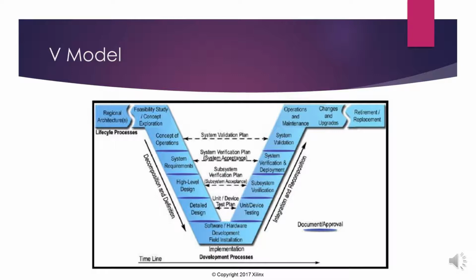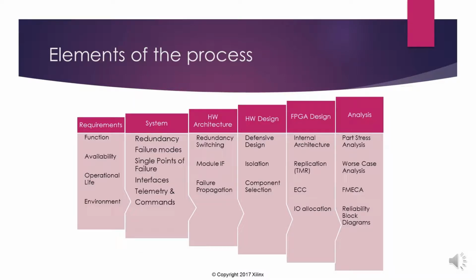So this is really important that we understand this V, and particularly how the requirements flow down, all the way from the concept of operations that the user creates all the way down to the bottom. So when it comes to this, we have a number of elements in the process that we can look at. We have the requirements to define the function, the availability, the operating life, its environment.